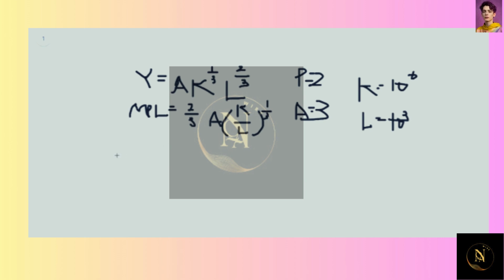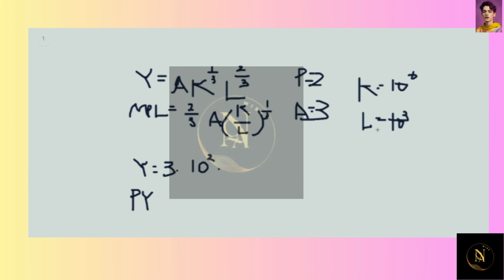Question A, calculate the amount of output produced, so calculate Y, and the dollar value of output, PY. So to calculate Y, we just have to plug in A, which is 3, times K to the power of 1/3, which is going to be 10 to the power of 2, because 6 divided by 3 is 2, right?